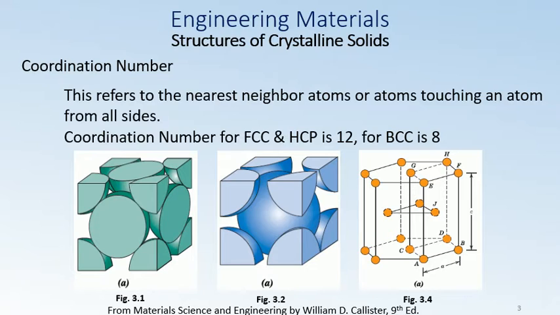Do you agree with this or can you recognize this fact, that the coordination number for the FCC crystalline structure is 12? Okay, let us see in figure 3.1, figure 3.1a on the leftmost down corner of your slide.